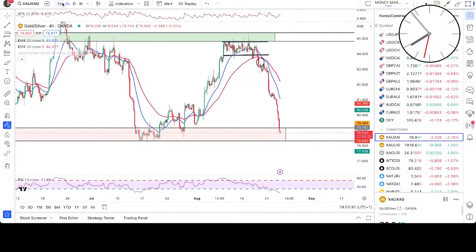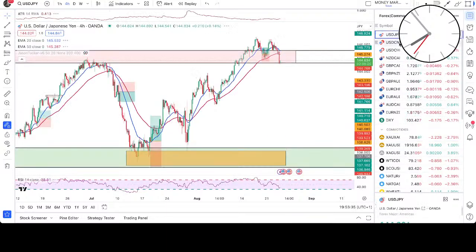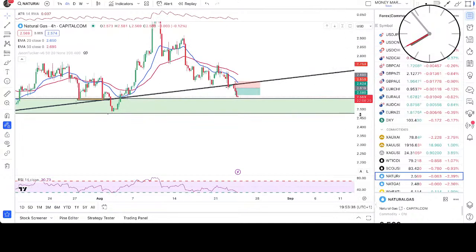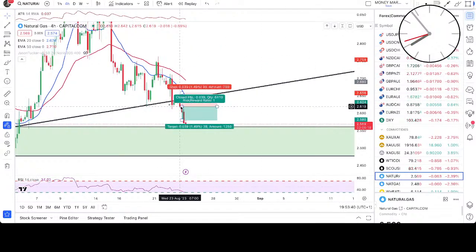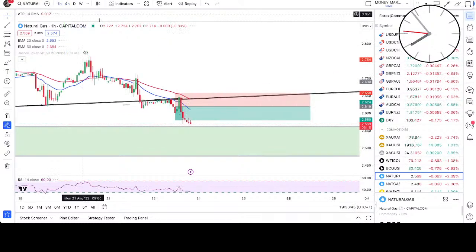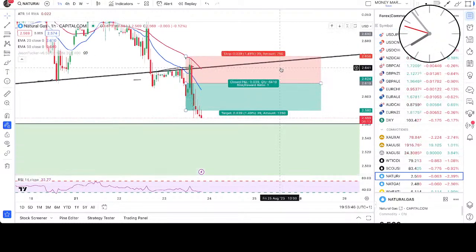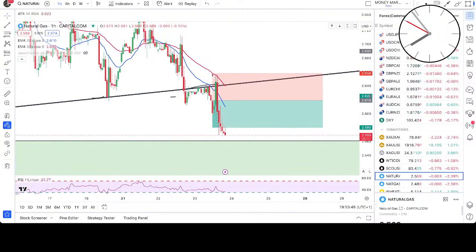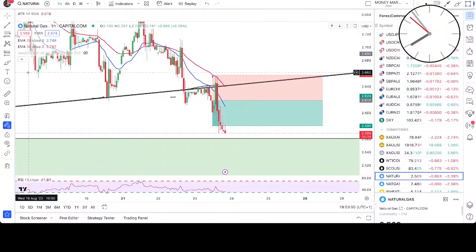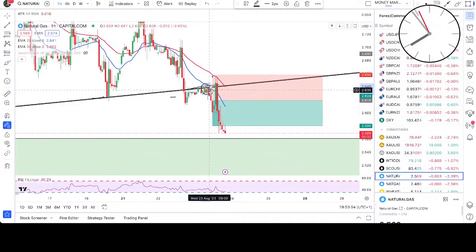If I'm trading on the 1-hour time frame, let's take an example of nat gas right here. The ATR for nat gas on the 4-hour time frame is 3. If you go back on the 1-hour time frame, we had a valid condition right here, and the ATR is 1.